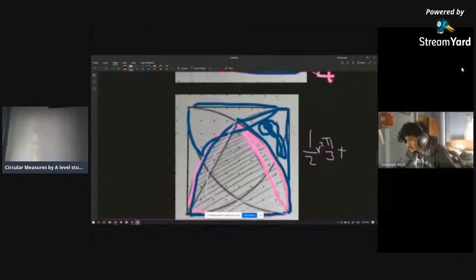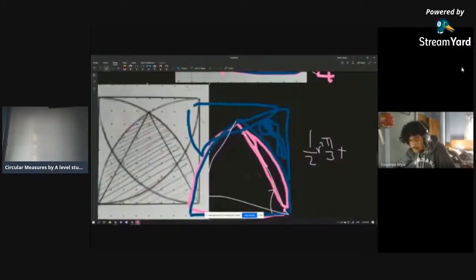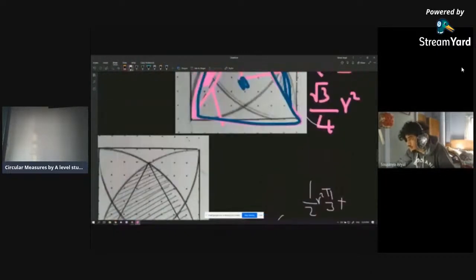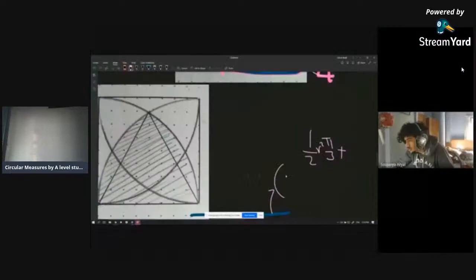So this plus this area, right? So this was 1 by 2 r square pi by 3. That's the area of the sector minus the area of the equilateral triangle, which is root 3 by 4 r square.